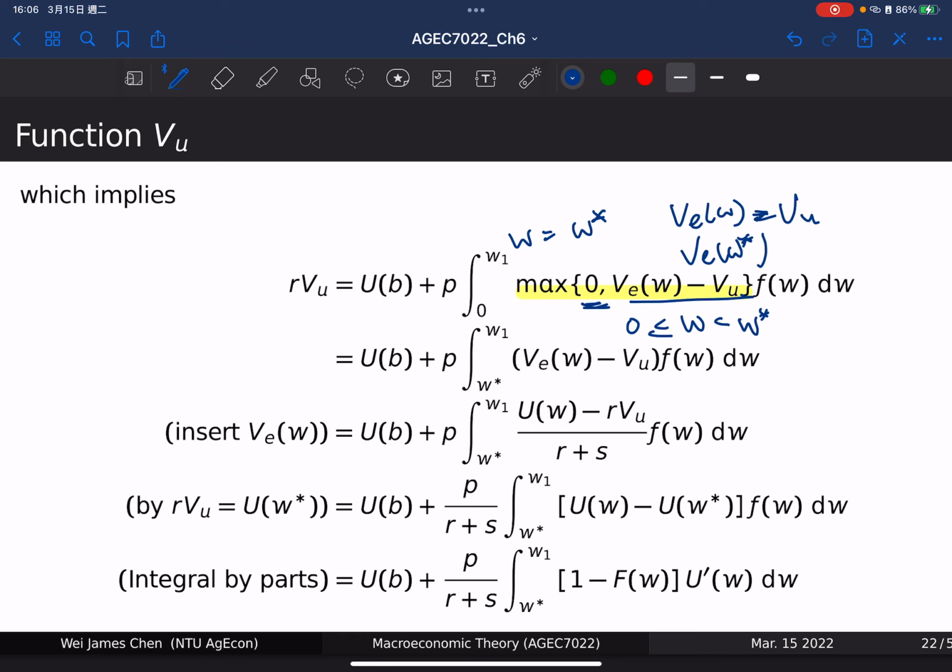But for the range between 0 and W star, this term wins. So the whole integral is going to be 0. So for those parts, the integral doesn't really matter, basically. So what I do is I move the lower bound to W star, then the max can go out, can disappear. What I'm left with here is VE of W minus VU.